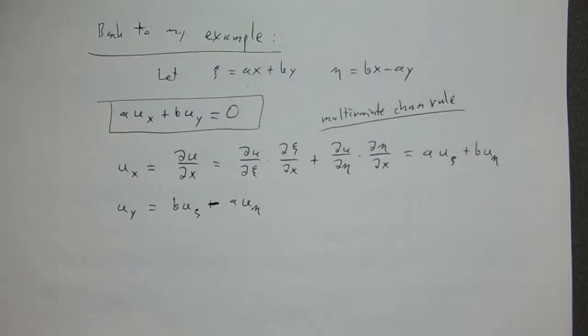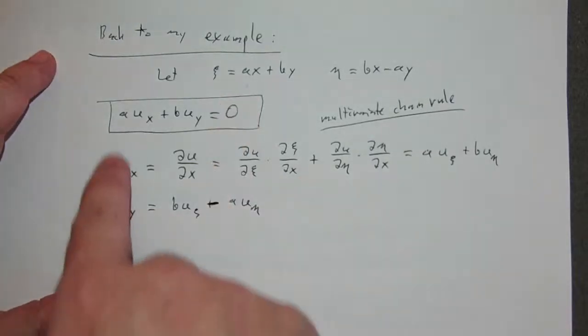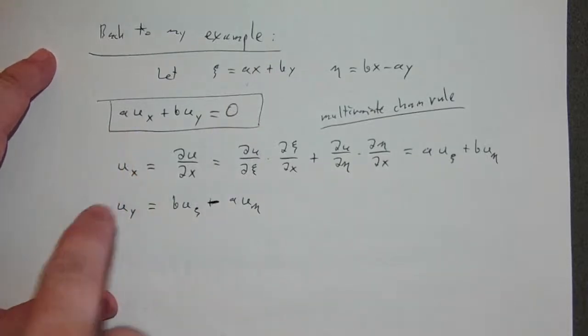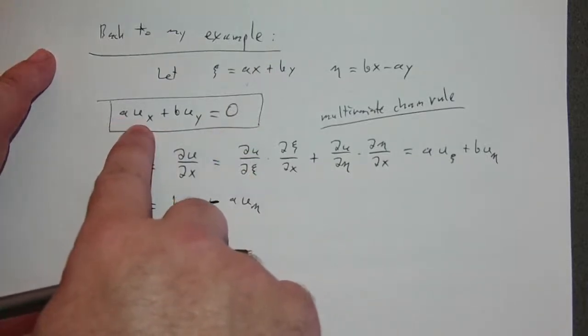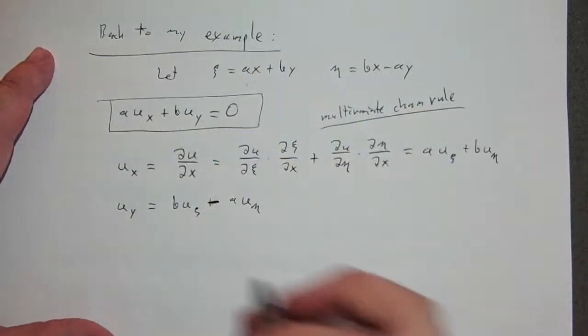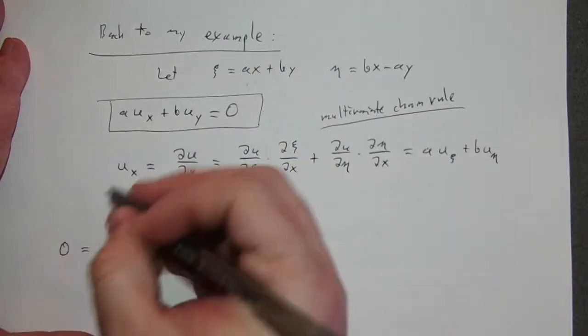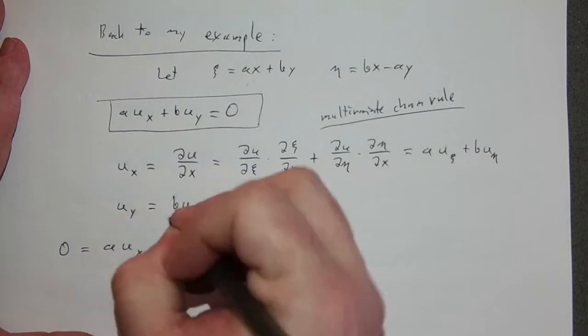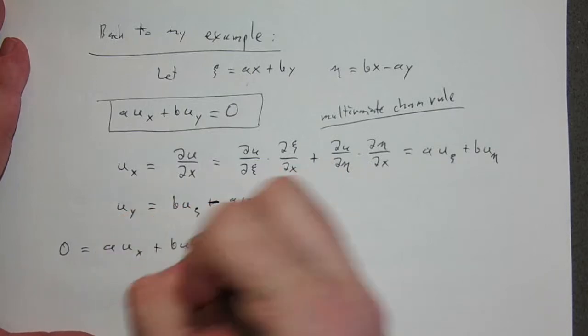And so when we switch back into this, of course, if a times u sub x plus b times u sub y is equal to 0, this means that 0 is equal to a u sub x plus b u sub y.